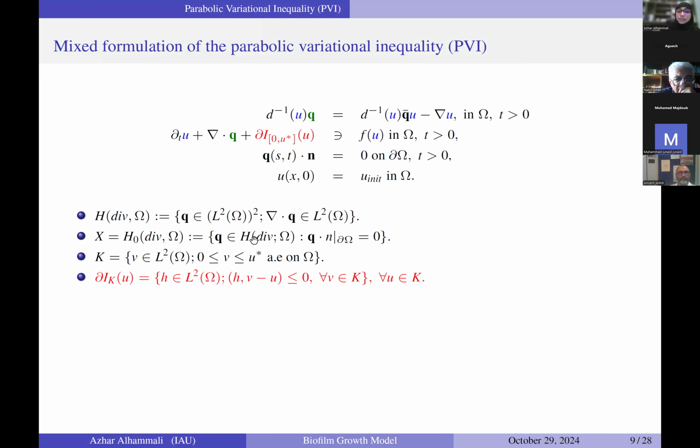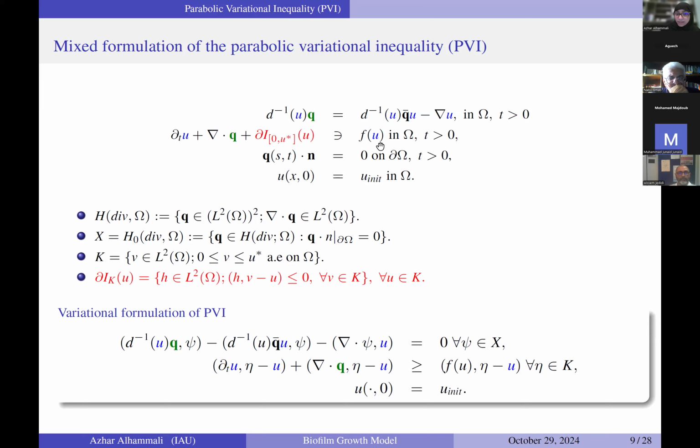And since we have the homogeneous condition here, we define X. So Q belongs to X and U belongs to K. And in the distributional sense, this subgradient of the indicator function is defined like this.